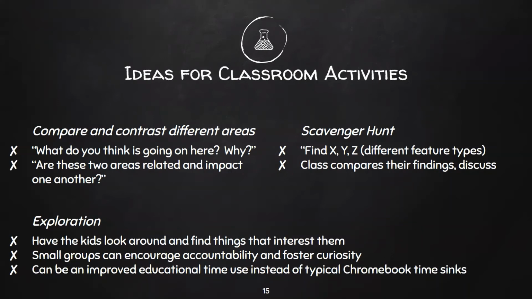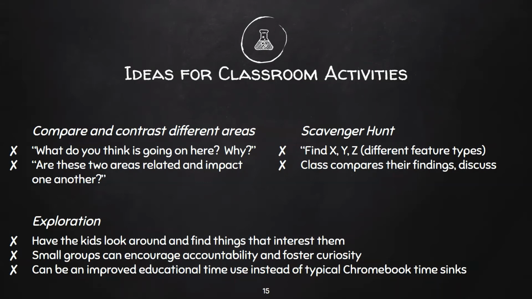So some activities you could do is you could compare and contrast different areas. Look at the Three Sisters and then look at the Willamette Valley. What do you think's going on here and why? Or some of those lava flows and the river or the creek.